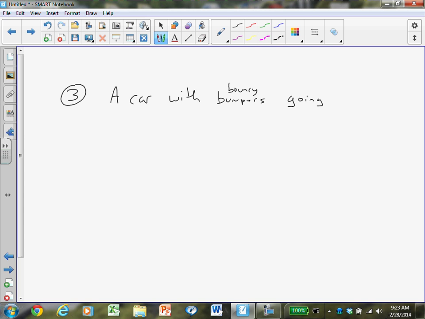We're going to put in a 1,000 kilogram car with bouncy bumpers going 30 meters per second. Hits a stationary car of 2,000 kilograms.